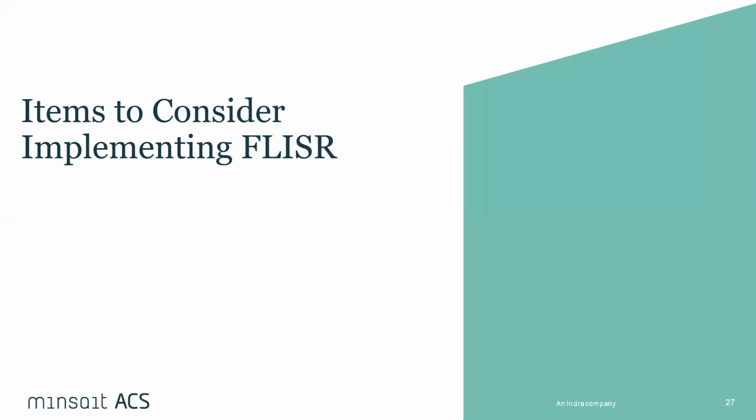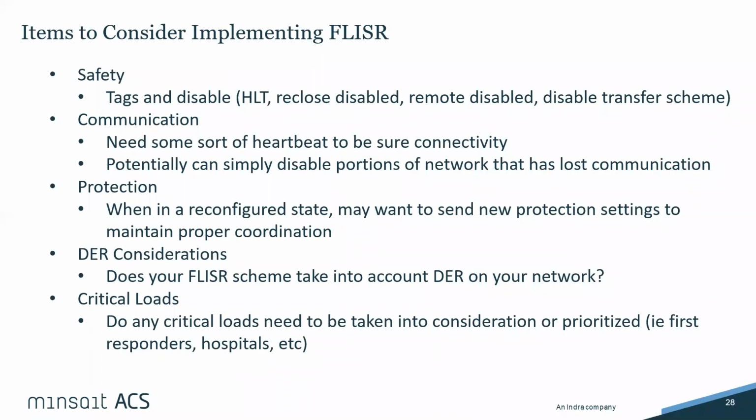Okay, so let's just talk really quickly on some items to consider when you are implementing FLISR. So obviously, first and foremost, safety. Anytime you're talking about doing any sort of automation on a distribution system, certainly safety for your utility personnel, but also for the general public, has to be the utmost priority.